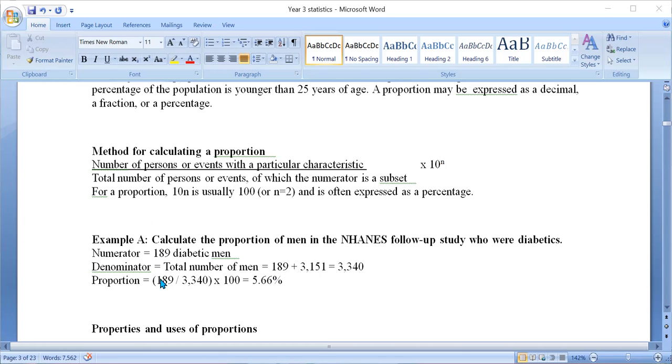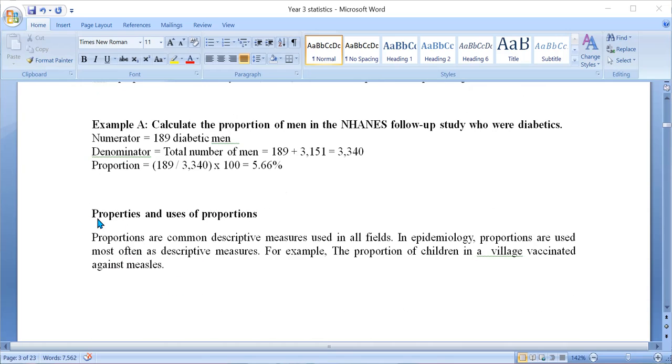So that is proportion. In proportion, the numerator is part of the denominator. Uses of proportion. Proportions are common descriptive measures used in our field. In epidemiology, proportions are used most often as descriptive measures. For example, the proportion of men who were diabetic.